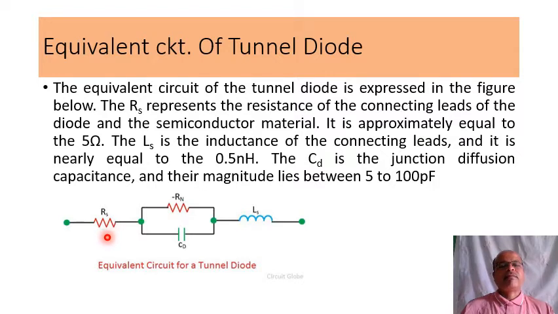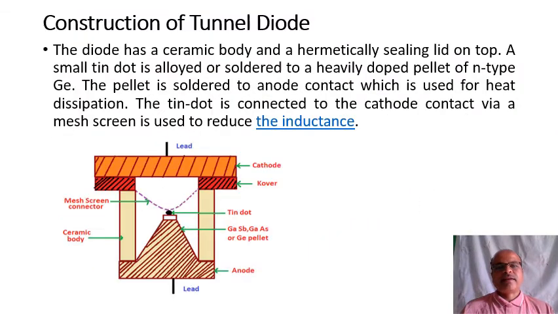LS is the inductance of the connecting leads, nearly equal to 0.5 nanohenry. The next component is CD, the junction diffusion capacitance, whose magnitude lies between 5 to 100 picofarad. So this is the equivalent circuit of a tunnel diode.